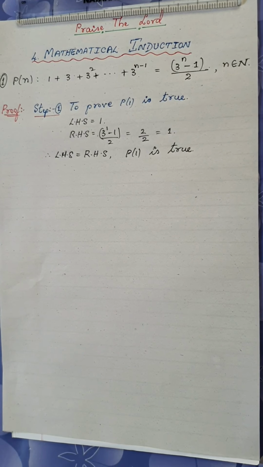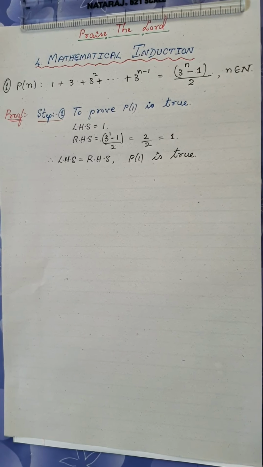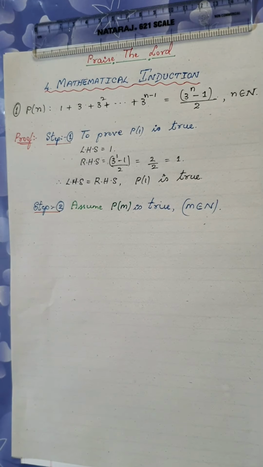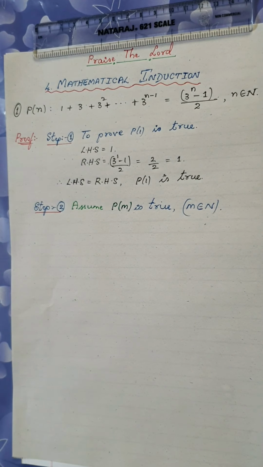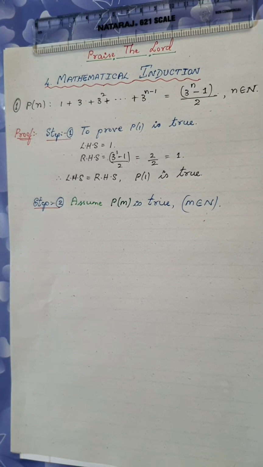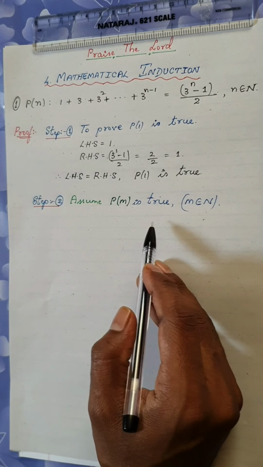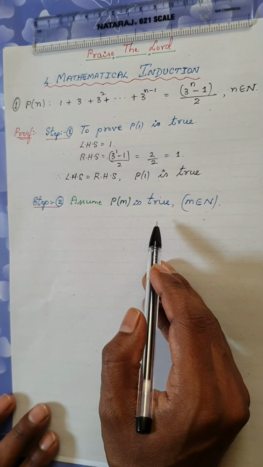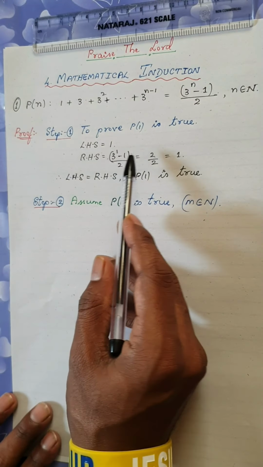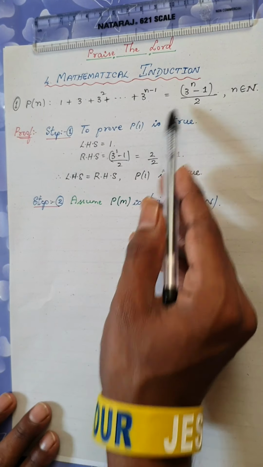We are done with step 1. Let's go on to step 2. What is our step 2? We know that it's a step of assumption. We will assume that P of m is true. How do we write this step? Just put n is equal to m in the given statement.